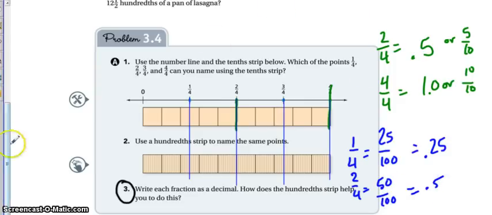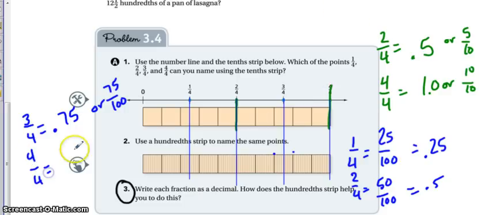And I also could say that 3/4 would equal 0.75, or 75 hundredths. Okay, and I can tell that because this line comes between the 7 and the 8, halfway between that. And then we had 4/4, which again would equal 1 or 100 hundredths.